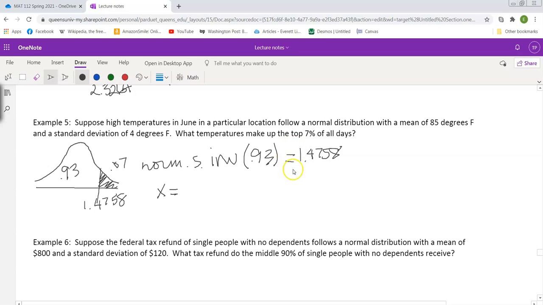Our z is 1.4758, times sigma, which in this problem is 4, plus mu, which is 85.